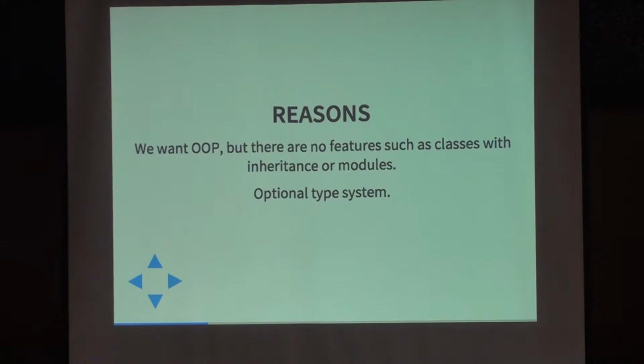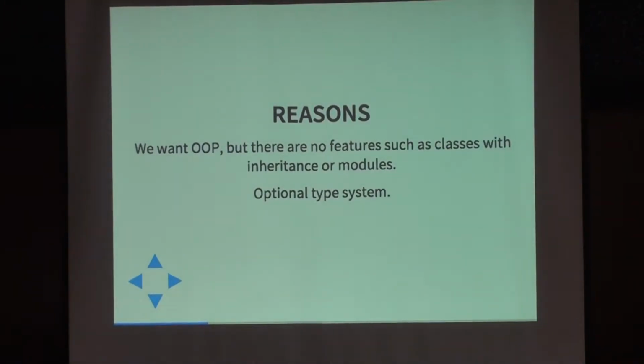And the other important thing is the optional type system. In JavaScript, you don't need to use any types if you create a variable. In TypeScript, we call this an optional type system, because I'll talk about it later.